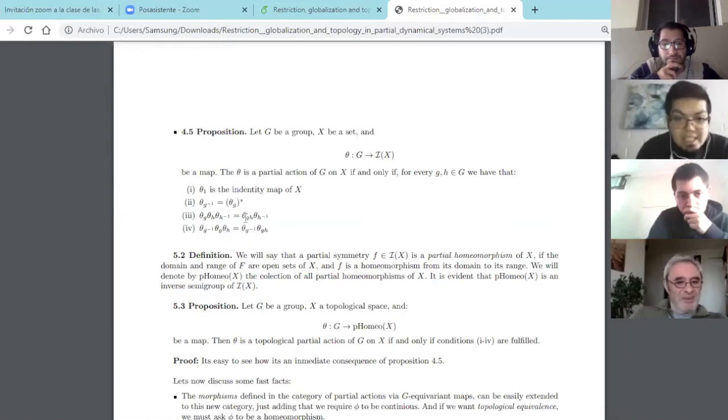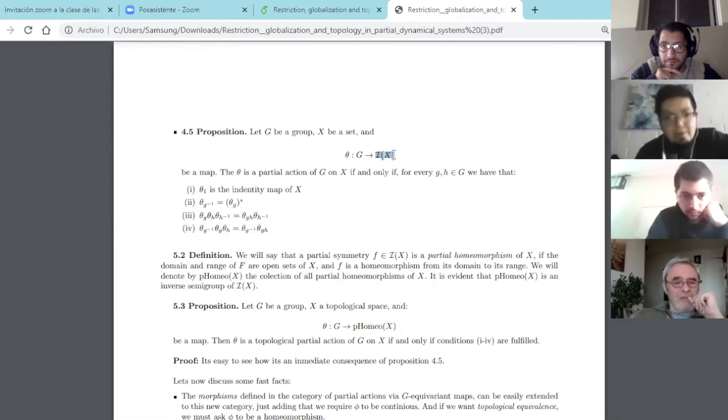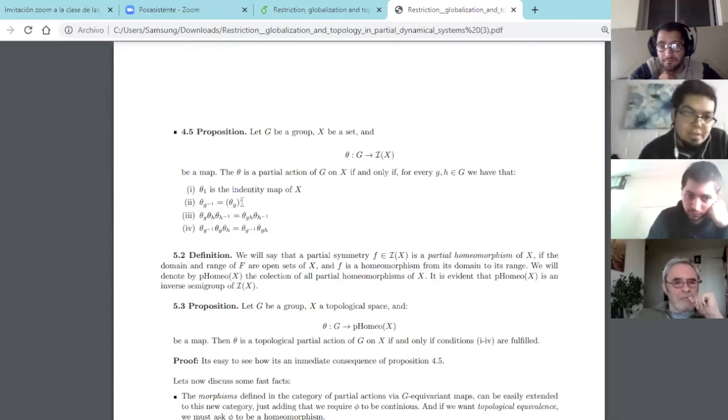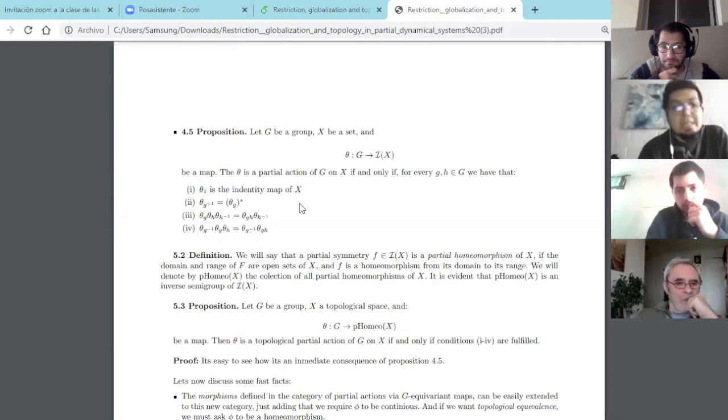Not in this exact same language, but what it says here is that we don't have an inverse, right? It's not an inverse because it's not a group. So it says that the inverse will behave as the inverse, and theta 1 will be the identity.